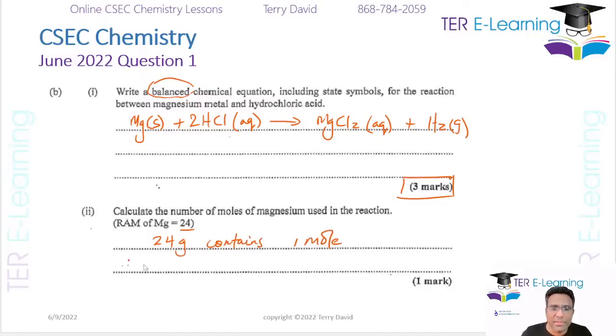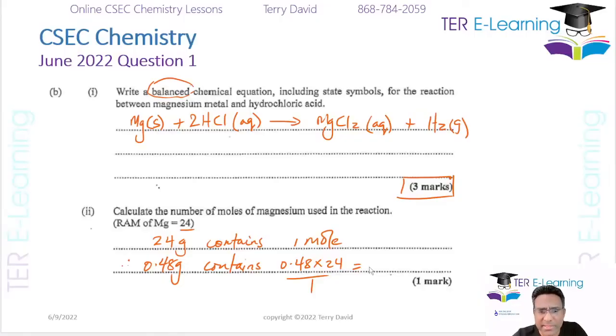So therefore 0.48 contains, so in my online classes I never tell students to learn off any formula, so I'm going to cross multiply. So it's going to be 0.48 multiplied by 24 over 1, and that's going to give me how many moles I have.